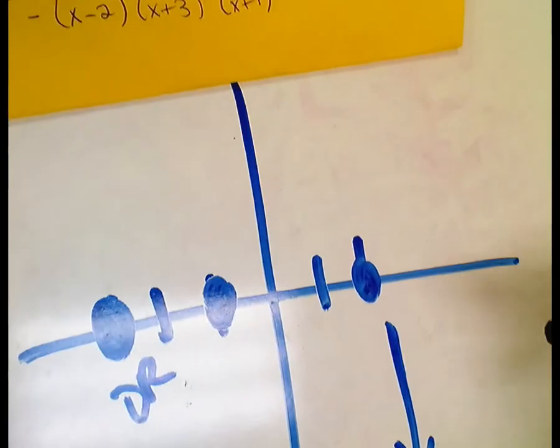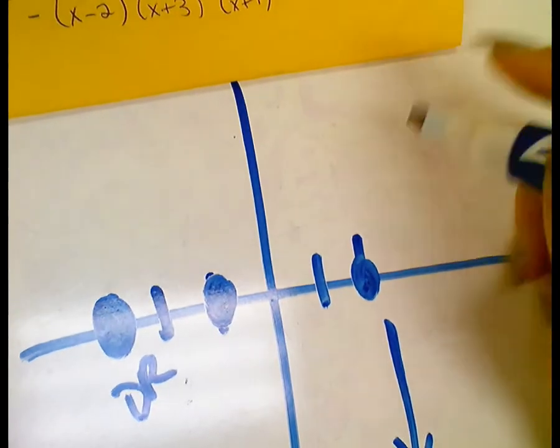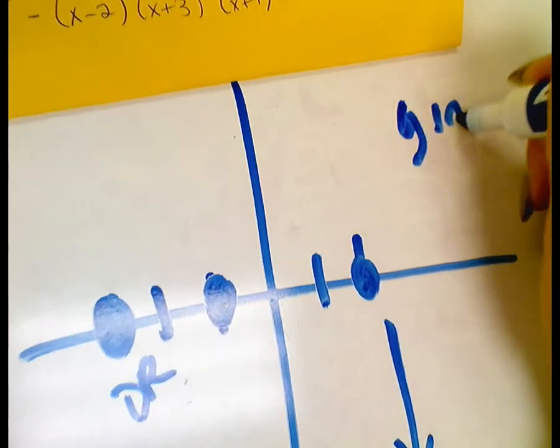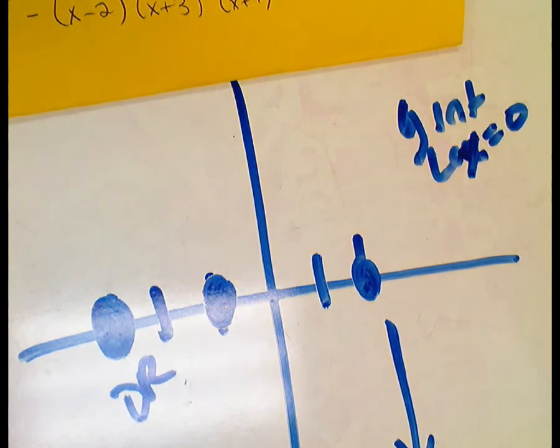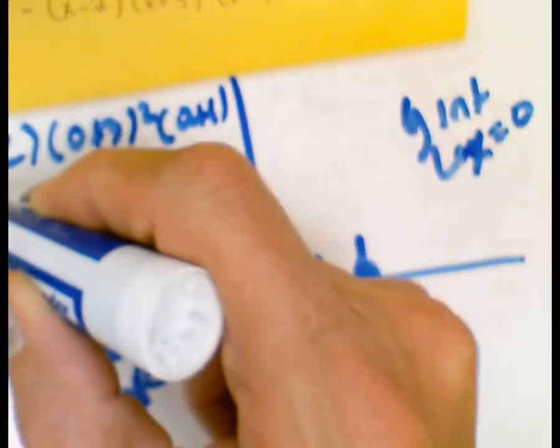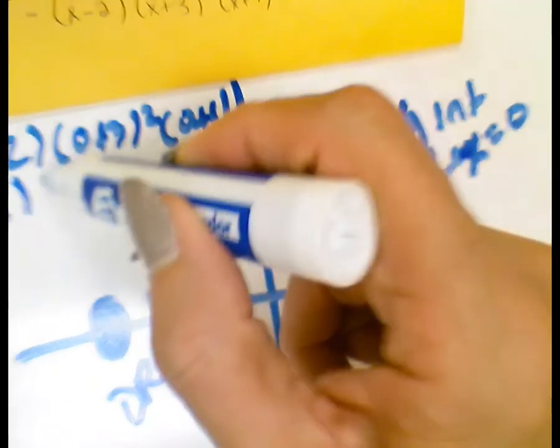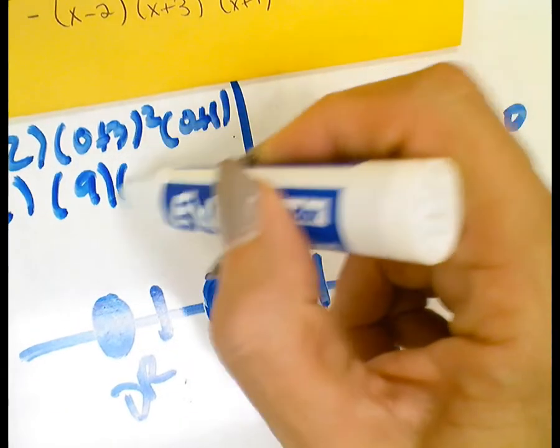Okay, and then we need a y-intercept. To find the y-intercept, you're going to let x equal 0. So in this problem, if you were letting x equal 0, it would be the opposite of -2 times 9 times 1.